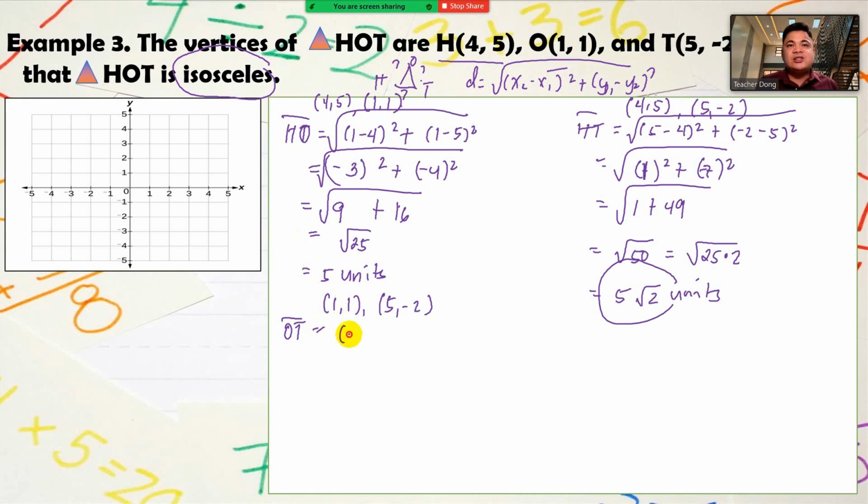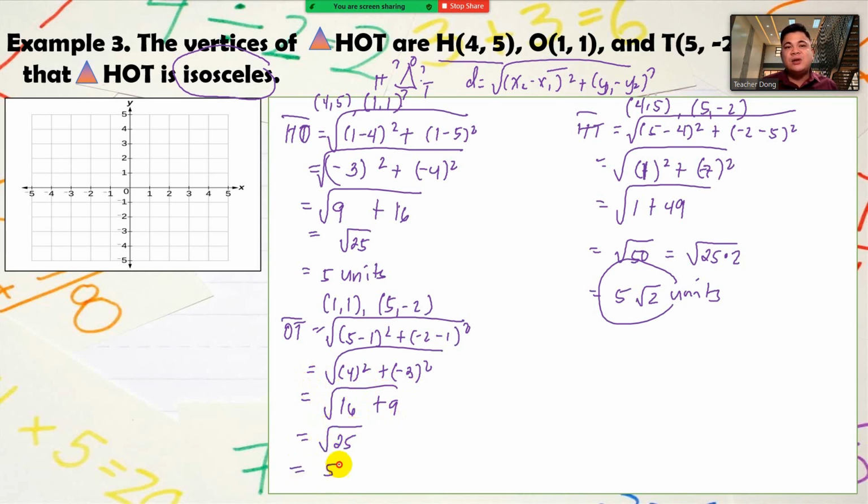Your x sub 2 is 5 minus 1, your x sub 1, plus negative 2 minus 1. 5 minus 1 is 4 squared, plus negative 3 squared. 4 squared is 16, and negative 3 times negative 3 is 9. So 16 plus 9 is 25, and the square root of 25 is equal to 5 units. Do we have two sides that are congruent? Yes, 5 units and 5 units.